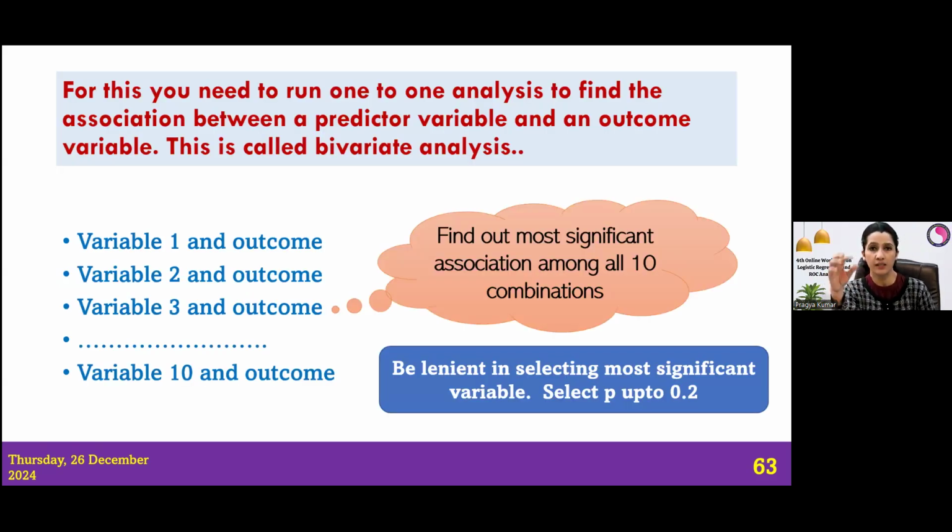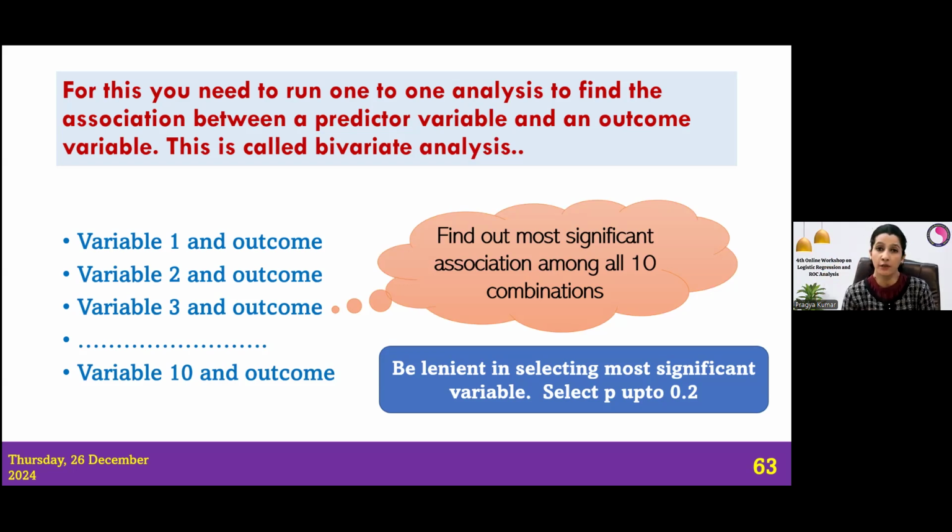We call it unadjusted, like you take one independent variable and then you calculate the odds ratio and see the p-value. When you see the p-value, generally you are a little lenient. It is said that generally the cutoff of p-value we take is 0.05.